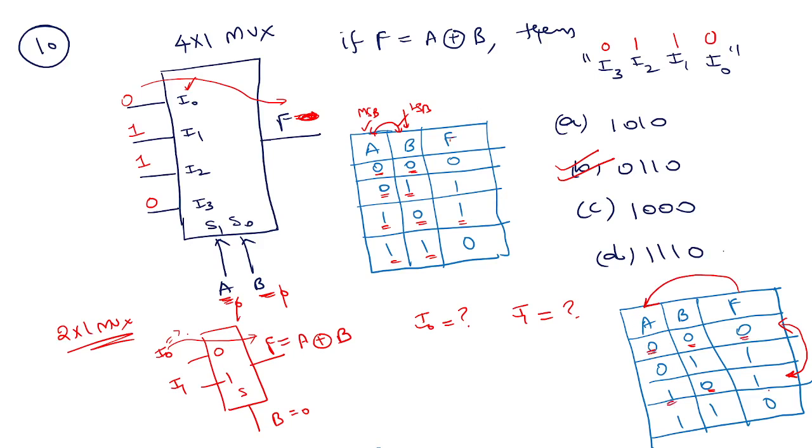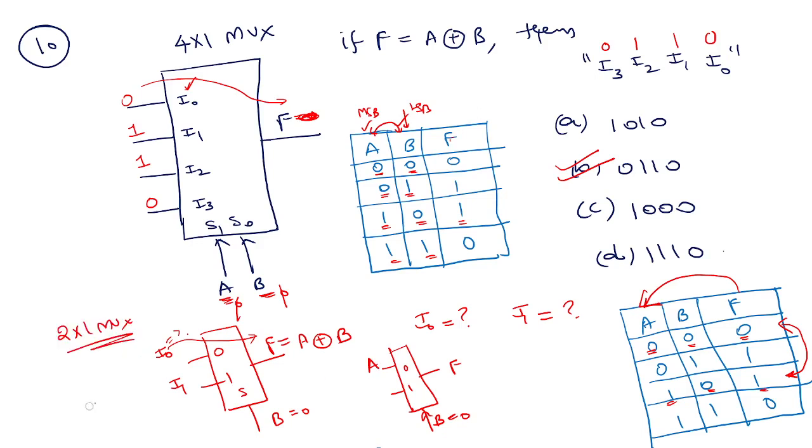A is 1, F is 1. That means F is just replicating A. So I can write like this. I have B here, 0, 1. If B equal to 0, F is just a replica of A. So I can just write this input as A. That's what the observation is, right?